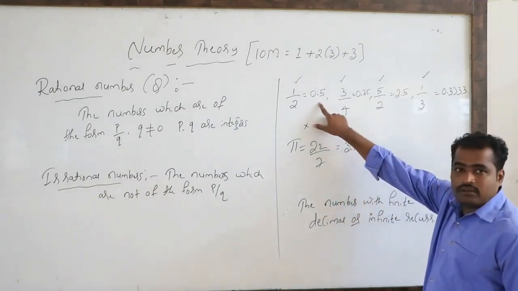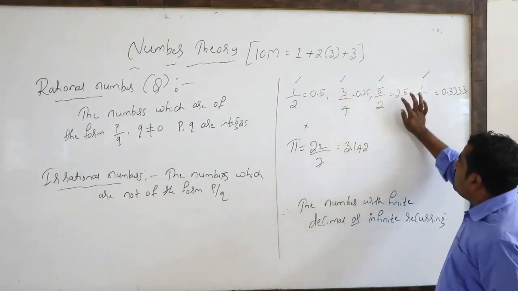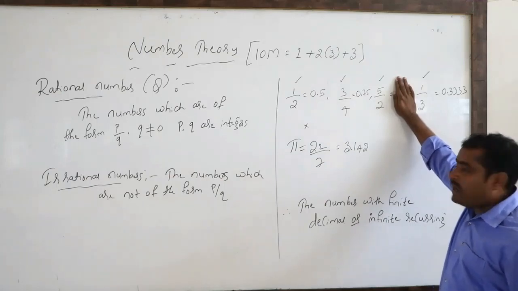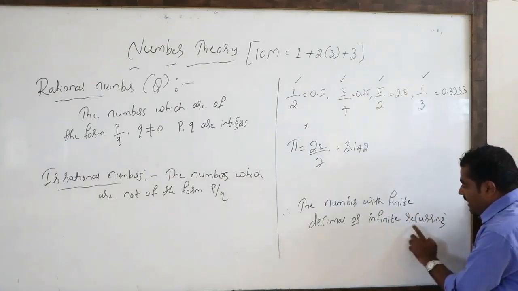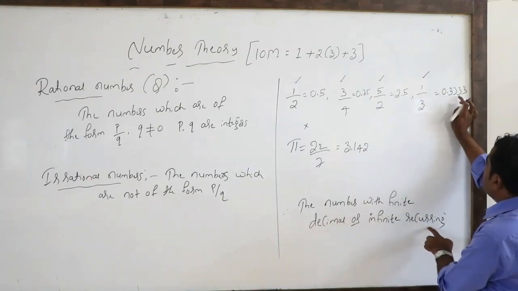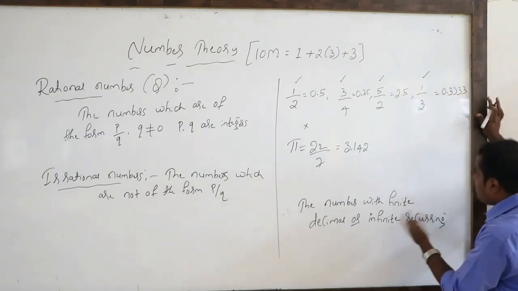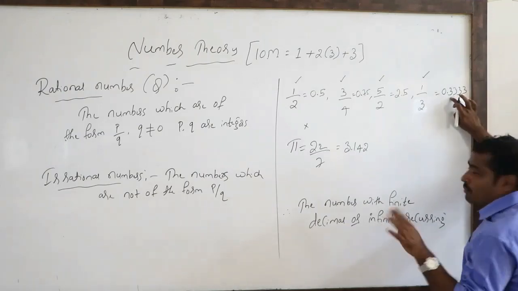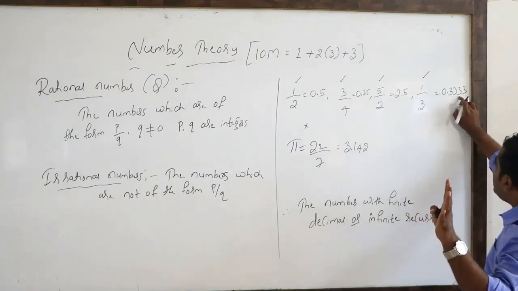So here we got one value, 2.5, a finite decimal, or the other condition, infinite recurring. 1 by 3 is 0.3333, and so on. Infinite recurring means we get the same value or repetitions: 3, next value 3, next value 3, like that.